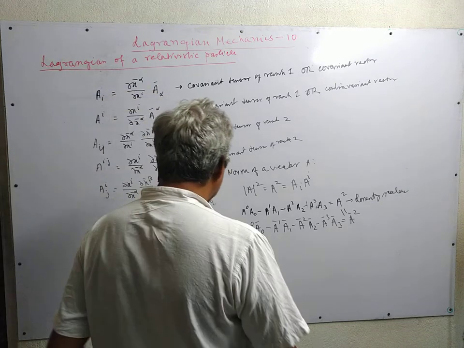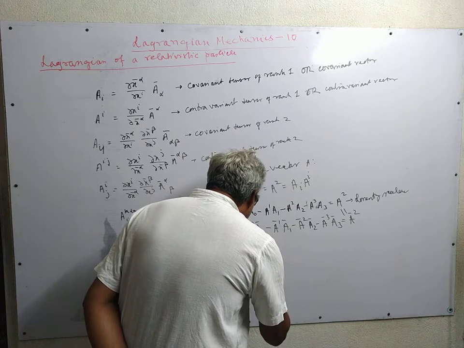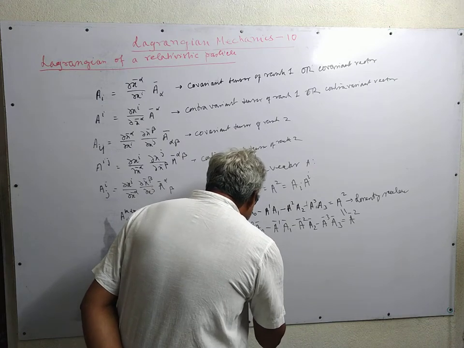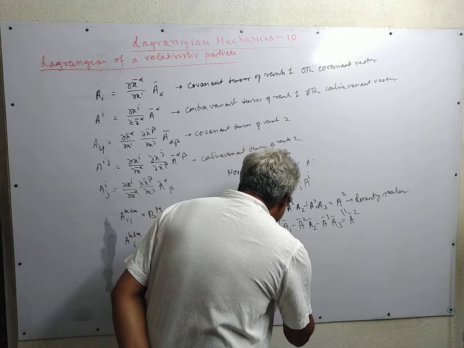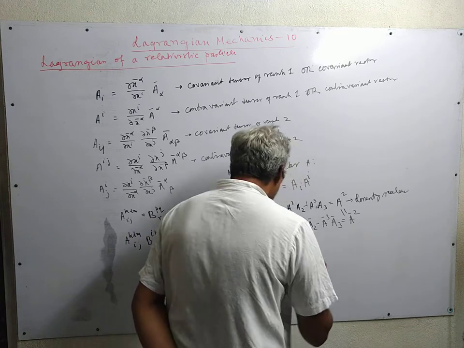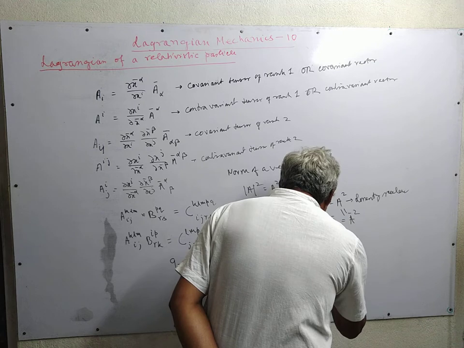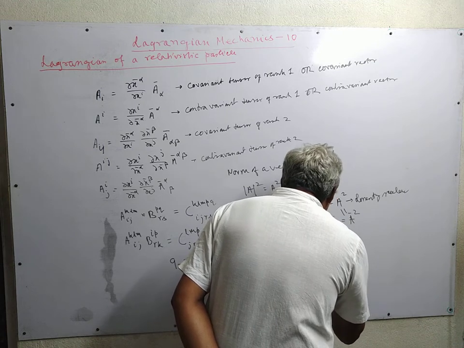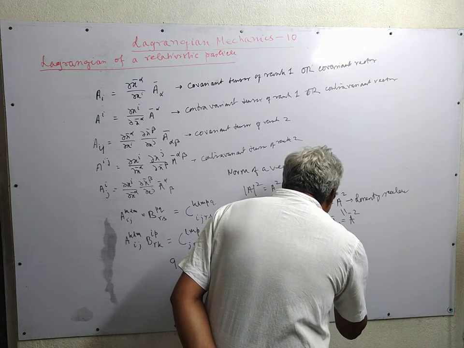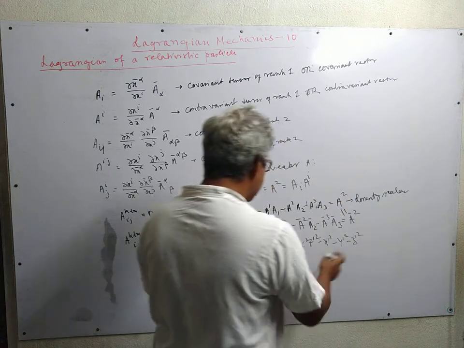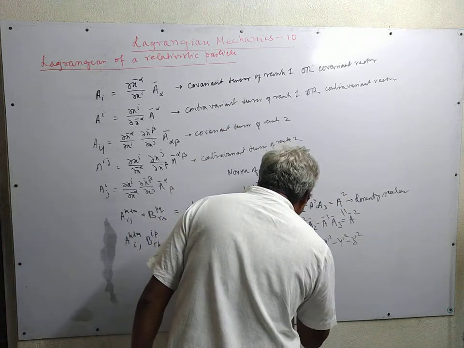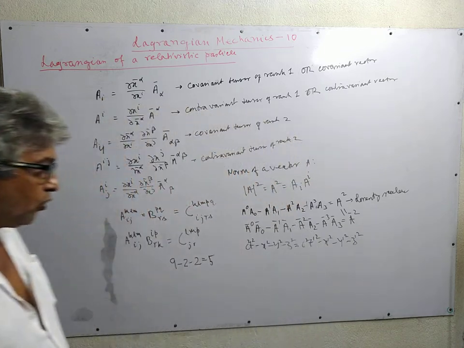For example, the space-time interval, c squared t squared minus x squared minus y squared minus z squared, is equal to c squared t prime squared minus x prime squared minus y prime squared minus z prime squared. They are the same. So the space-time interval is a Lorentz scalar.